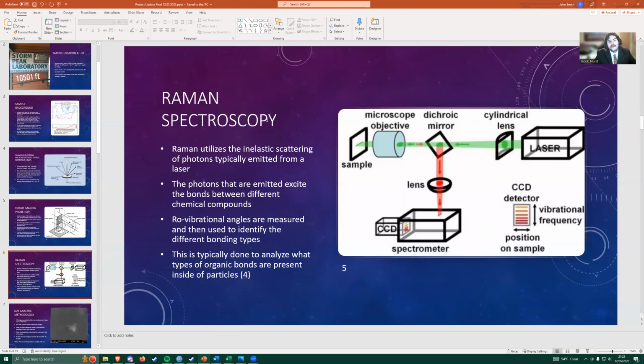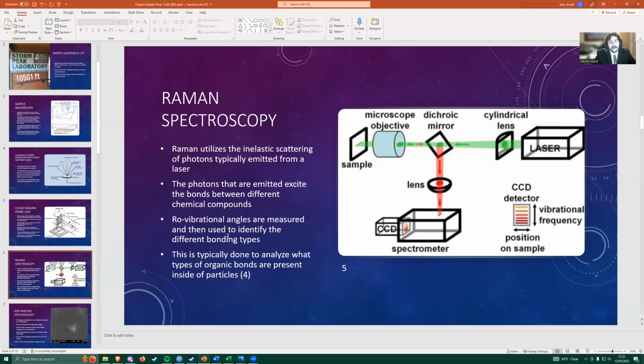So now I'm going to go over a little bit of Raman spectroscopy. Raman utilizes the inelastic scattering of photons typically emitted from a laser. The photons are then emitted and excite the bonds between different chemical compounds. These rotational vibrational angles are then measured and used to identify the different bonding types.